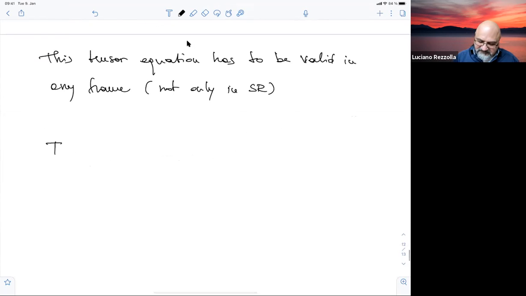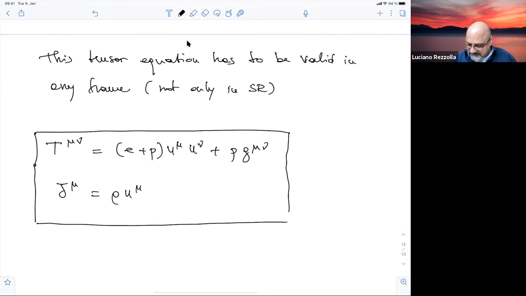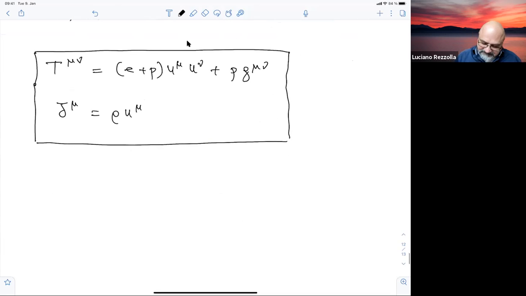And so I have that my definition of the energy momentum tensor is the following: E plus P u mu u nu plus P g mu nu. Okay, so this guy together with my other guy, which I've defined before, rho u mu, are my building blocks of the dynamics of fluids. So these are the building blocks of hydrodynamics.